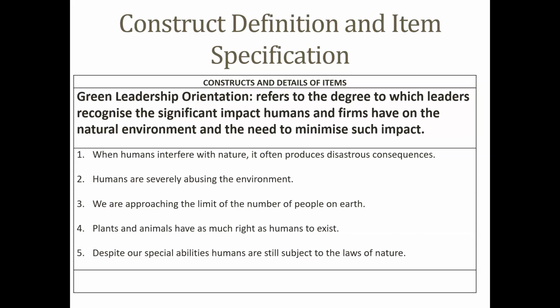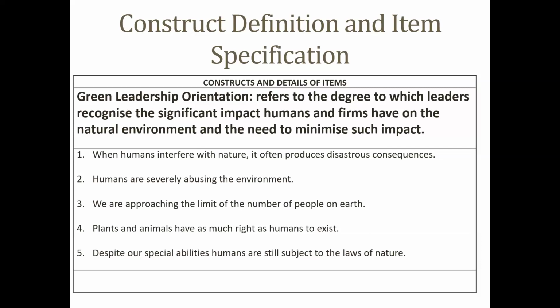If I agree that human beings interfere with nature and produce disastrous consequences, and humans are severely abusing the environment, then when we have more people approaching the limits on the Earth, I literally agree that human activities are disastrous to the natural environment.